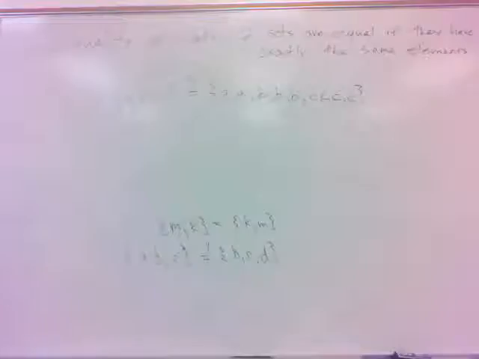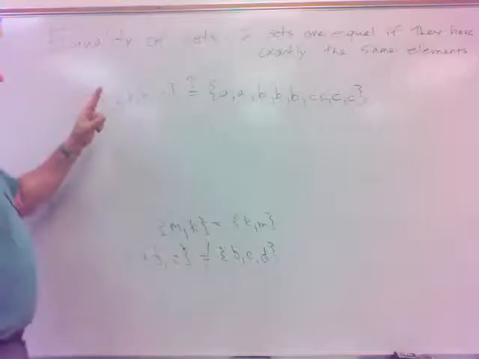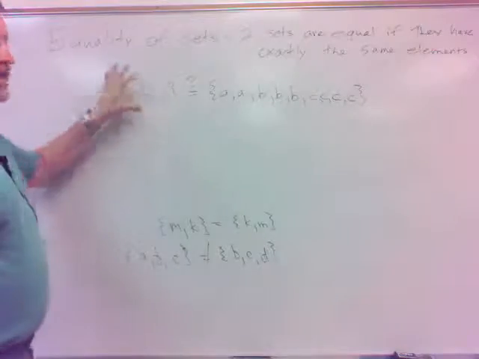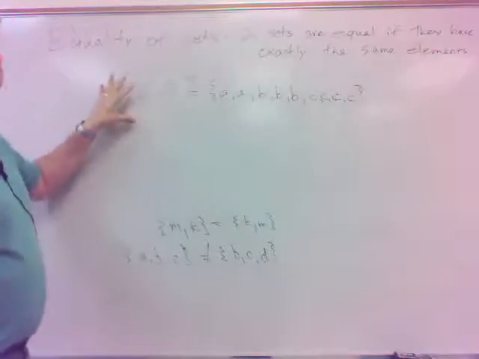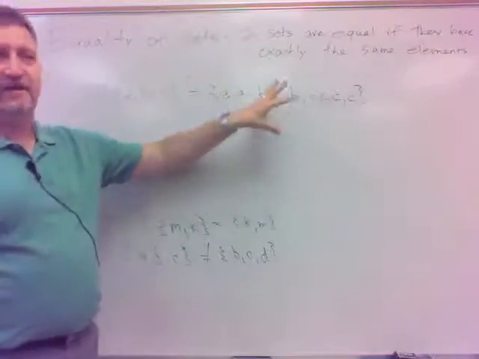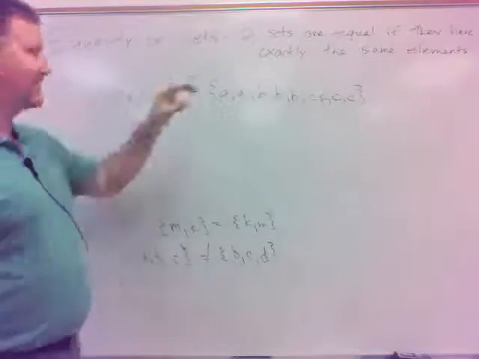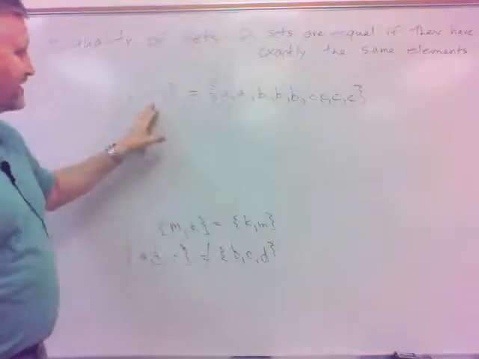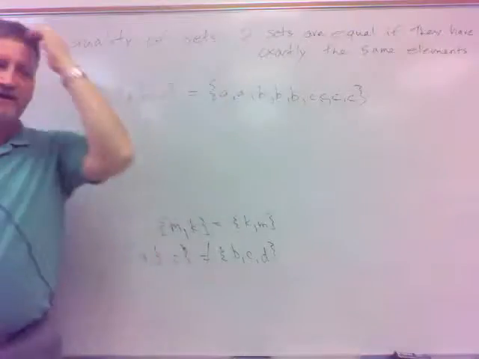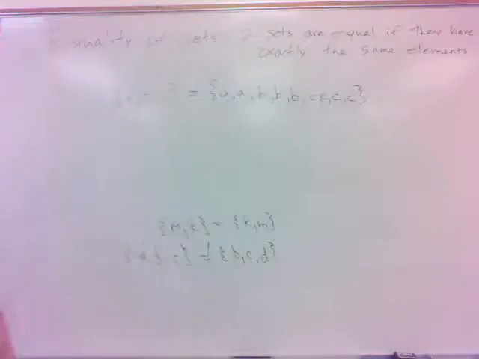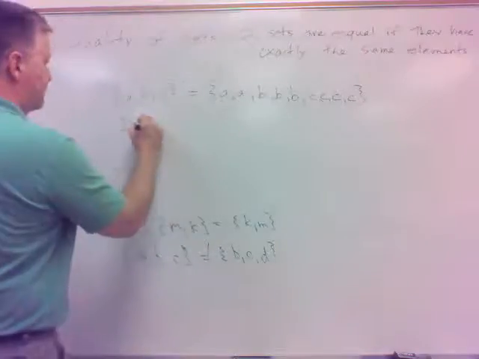Those equal? Well, let's talk about it. What are the elements here? A, B, and C. What are the elements over here? A, B, and C. Do they have the same elements? Yes, they do. These are equal. This set is equal to this set. So what's the point of this? Repetitions don't matter either. In sets, repetitions do not matter.